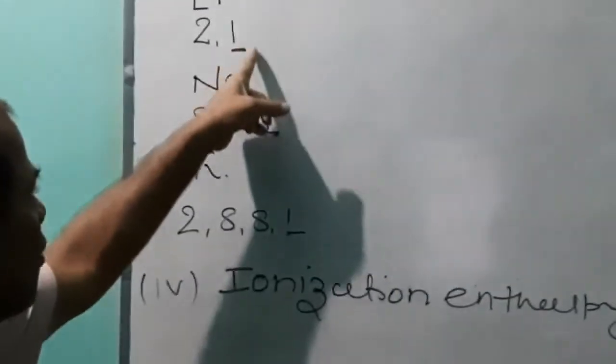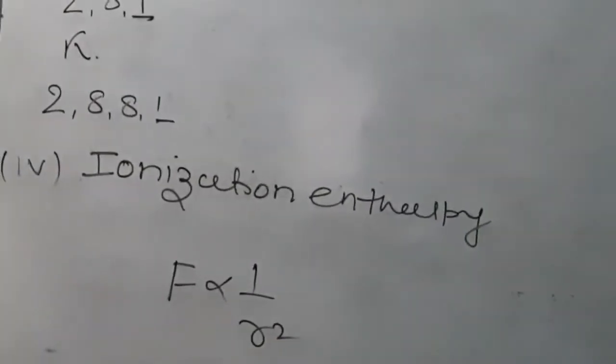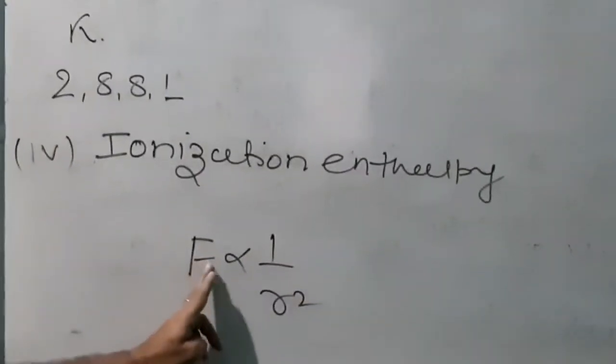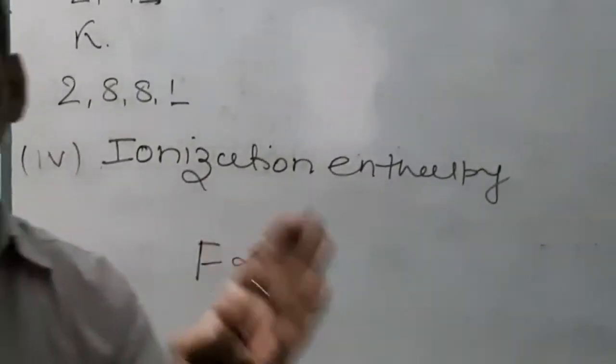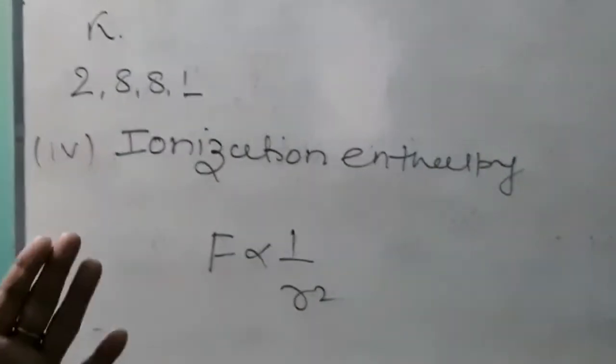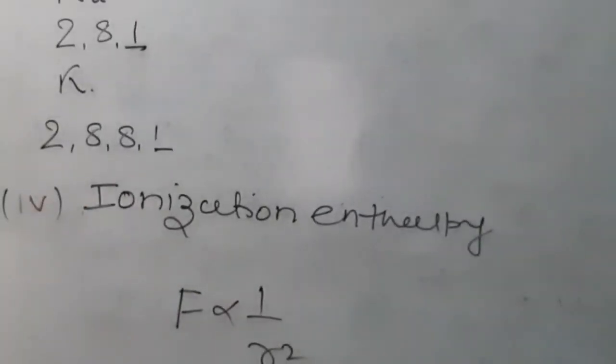So while moving from top to bottom, what is happening? The size of atom increases. If the size of atom increases, what does it mean? Force is inversely proportional to the square of the distance between them. It means if the distance increases, the electrostatic force acting between the nucleus and the outermost shell electron will be less. Then it will be easier to remove those electrons.